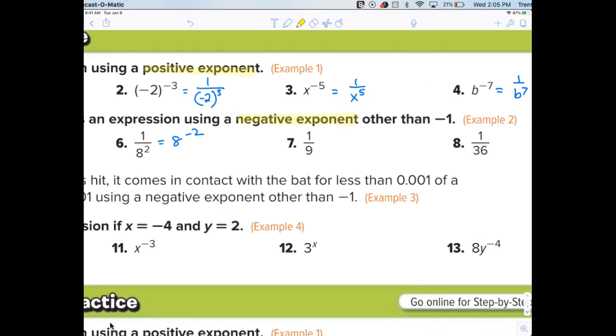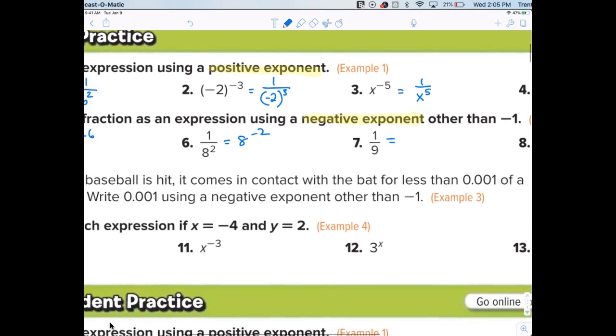1 over 9, that's going to be 9 and 1 and positive 1. That's the exponent. Did you move it? So look at question number 6. Oh, it's just 9 to the exponent of 1.